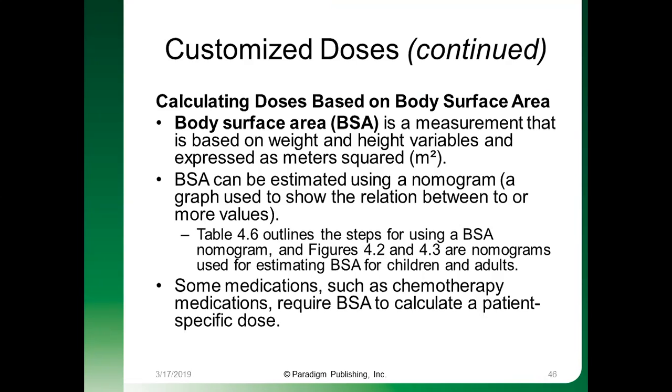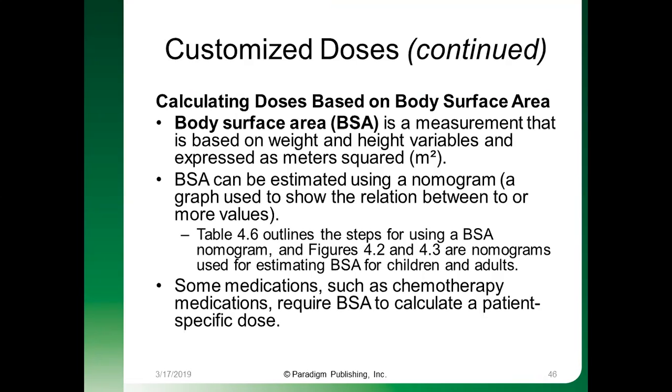Some medications, such as chemotherapy medications, require a BSA to calculate a patient's specific dose. Remember that whenever a patient is going through chemotherapy, their weight fluctuates a lot. So every time they go to get chemotherapy, they have to weigh the patient and calculate their BSA.